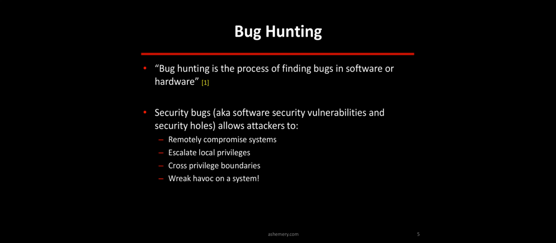So with these bugs or security holes, you might be able to cross boundaries, which means you might be able to cross your privilege from a user mode application to gain access into, let's say, a kernel mode application. So you manage to cross boundaries and wreak havoc on a system. A threat actor could do actually anything.